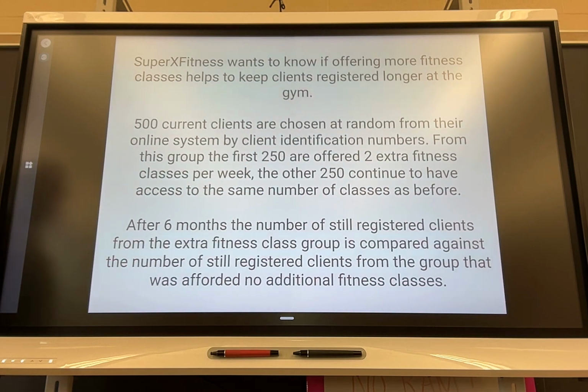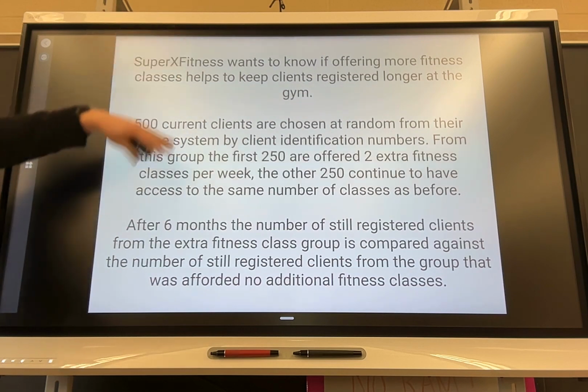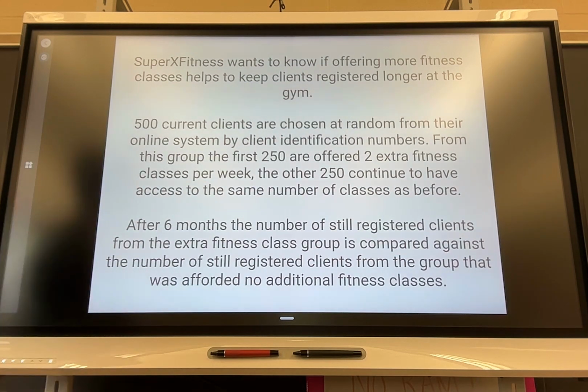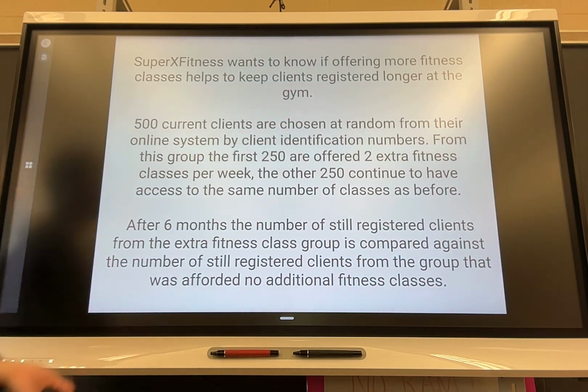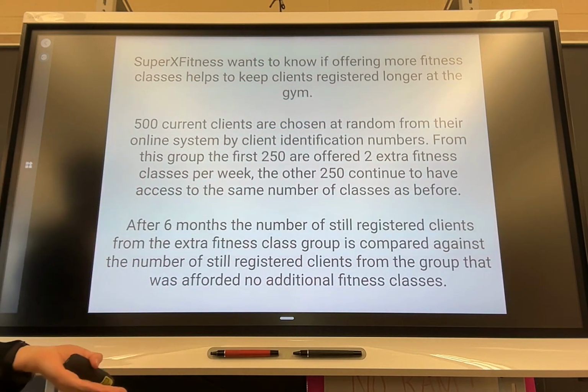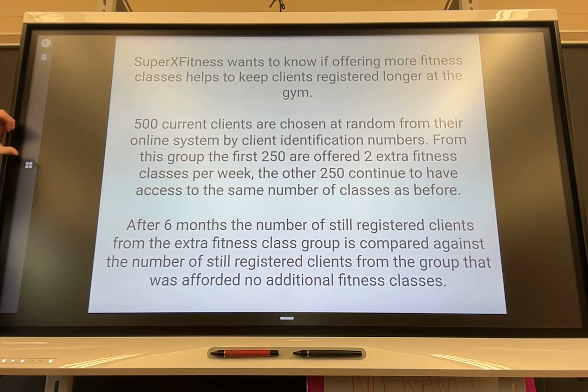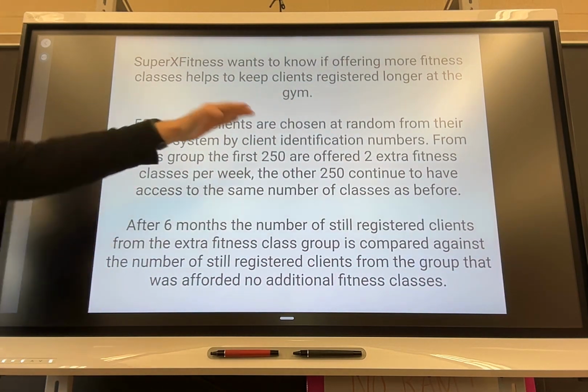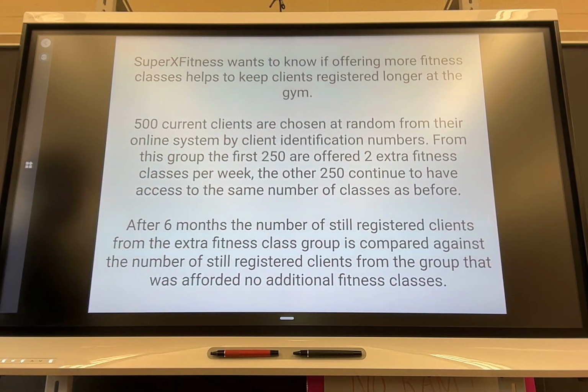Okay, so this article is about a fitness gym that wants to offer more courses to keep people more interested in the gym. So they choose 500 people, 250 of them are offered 2 extra classes, and the other 250 continue with their normal classes.